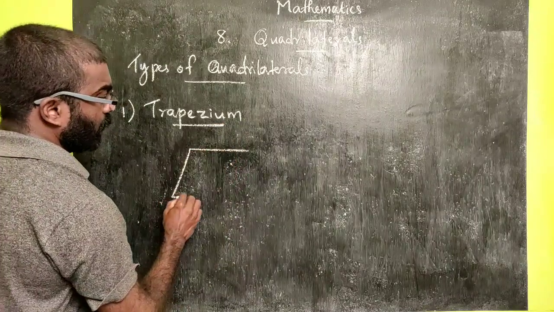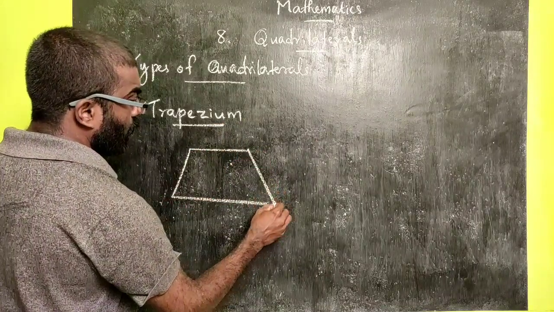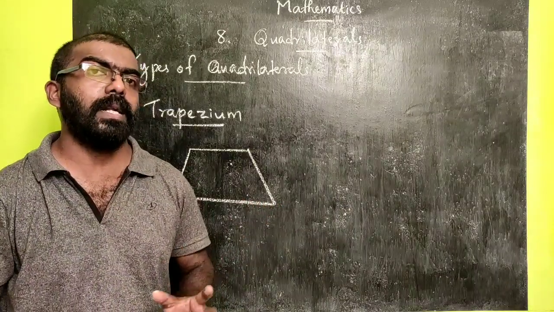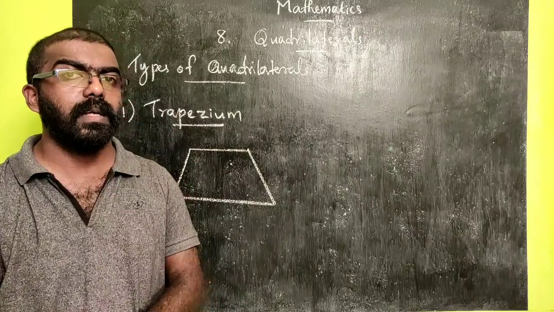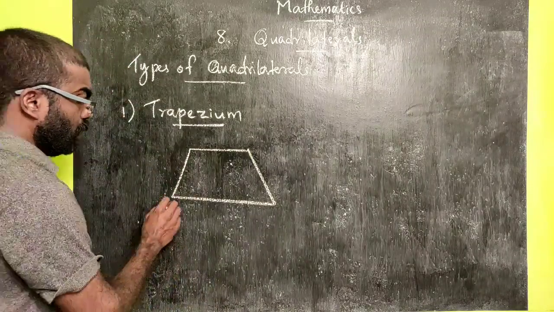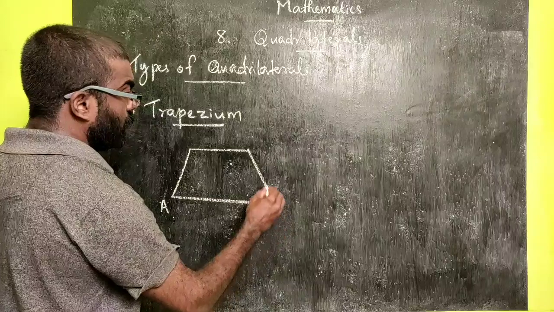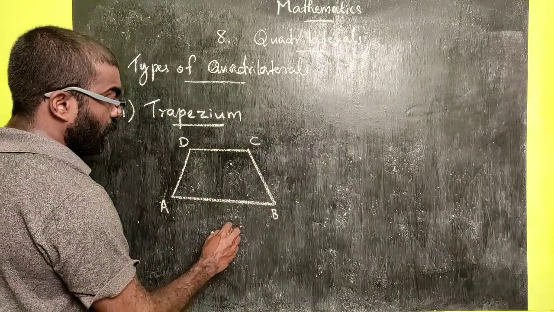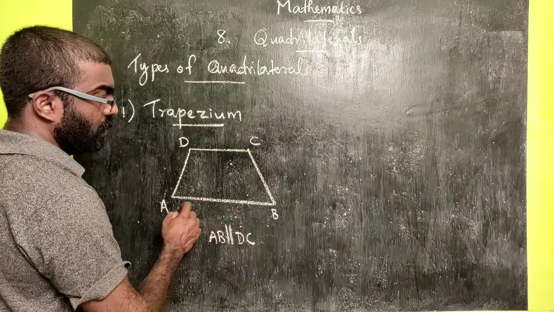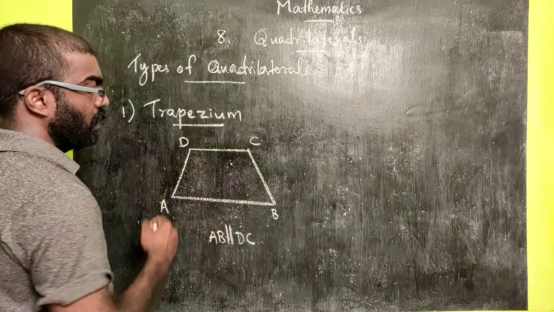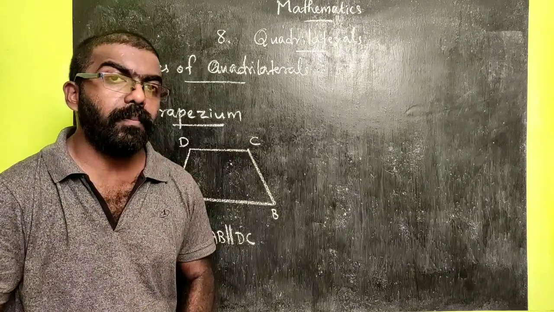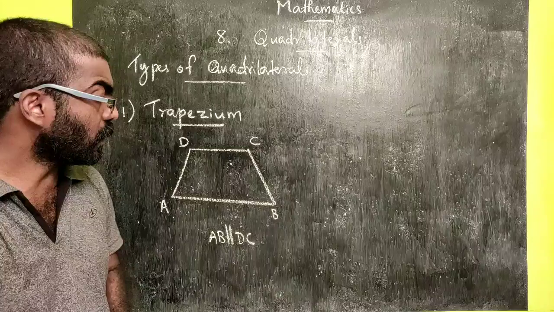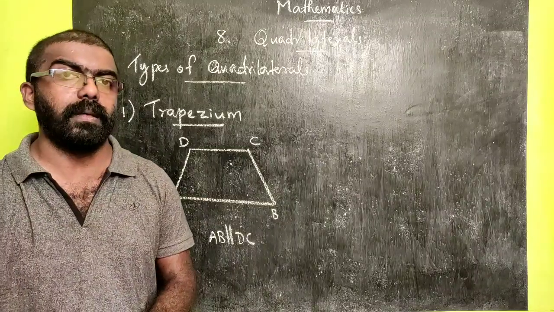So a trapezium is a quadrilateral in which one pair of opposite sides is parallel. Here the trapezium, I mark it as ABCD, and clearly we can identify that AB is parallel to DC. So if one pair of opposite sides of a quadrilateral is parallel, then we can conclude it is a trapezium.